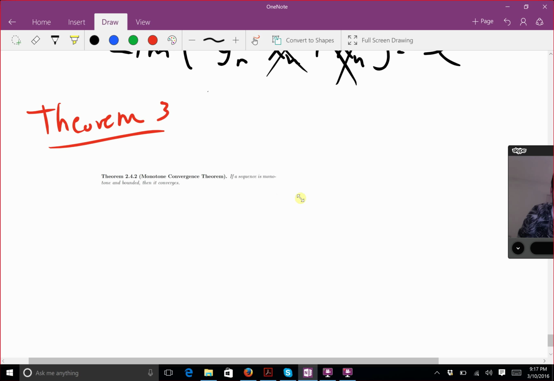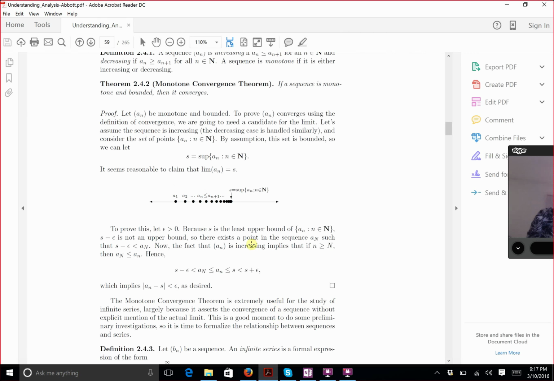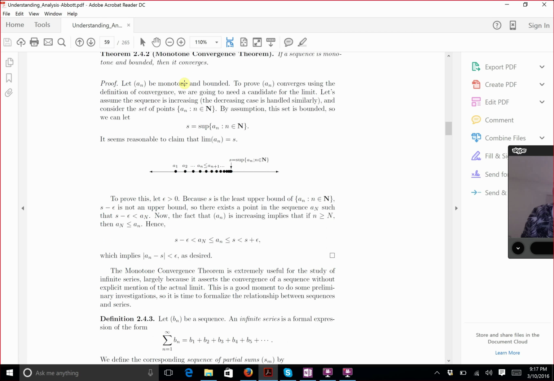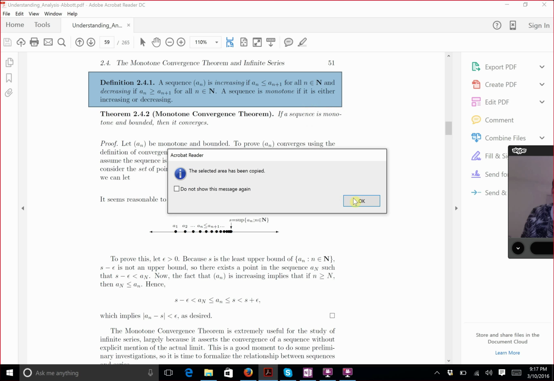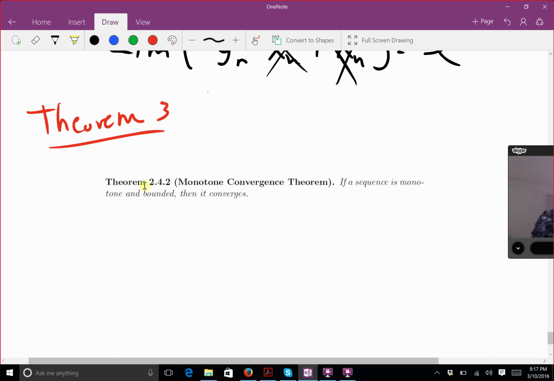It says if you have a sequence that's monotonic, we have to know what monotonic means. A monotonic sequence is a sequence that never decreases or never increases.